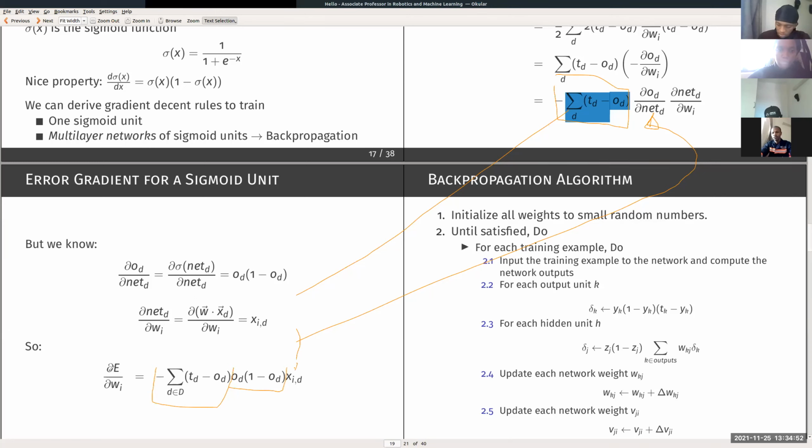So now your partial of E with respect to wi simplifies to this form. This is one of the biggest contributors to the ease of computation on the sigmoid function, the derivative being a lot easier to handle.